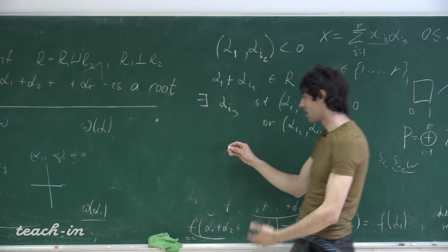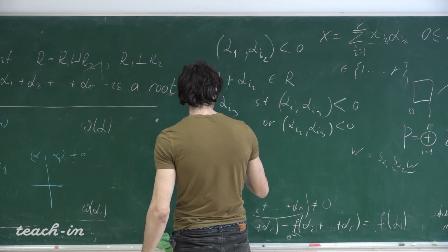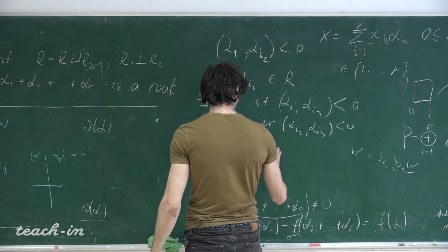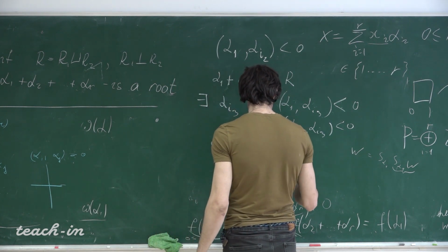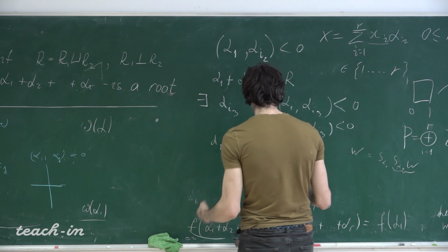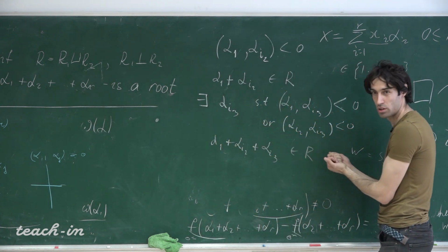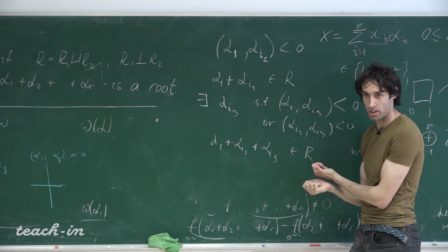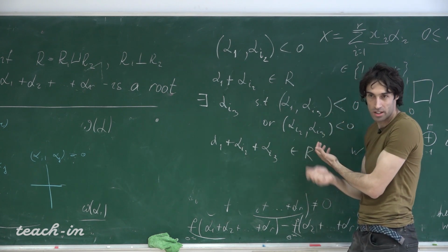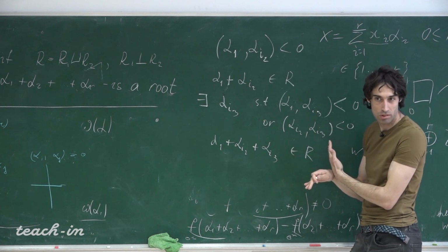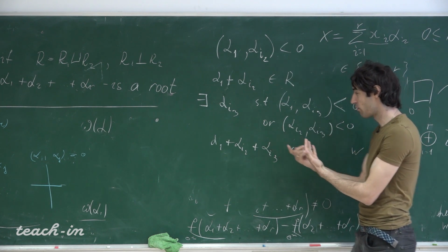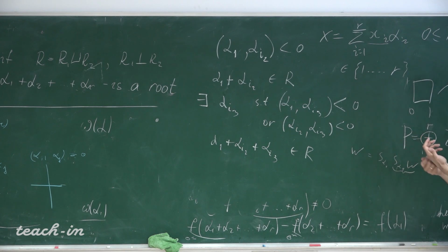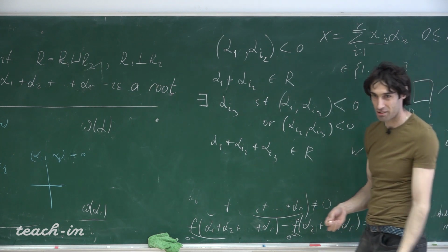So therefore alpha 1 plus alpha I2 plus alpha I3 is a root. But then you just continue. You take the fourth one. It should be less than 0 with at least one of these two. If I cannot find one, then again my system is reducible. And so by these subsequent steps you get to the end, and at the end you will have the sum of all alpha i's.